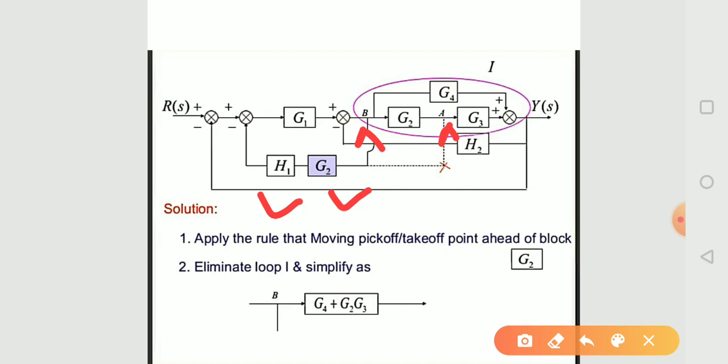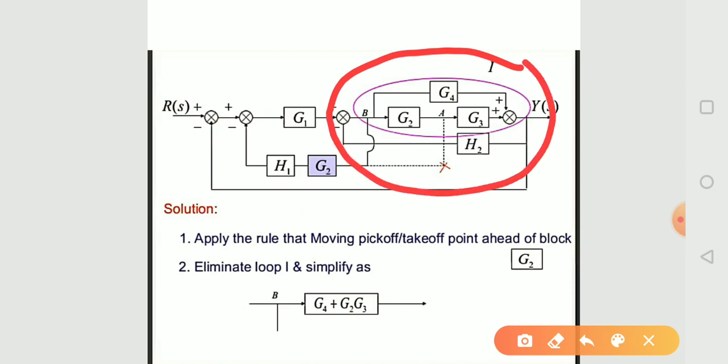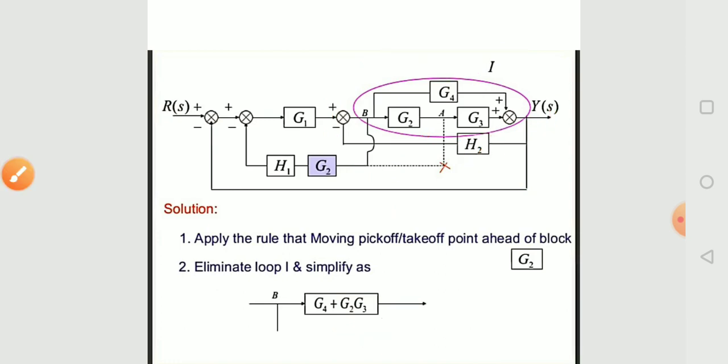Now we can solve this block because here G2 and G3 are in series, so the output is G2 into G3. Then here G4 and this block are in parallel. So if we eliminate this loop, we get G4 plus G2 into G3.